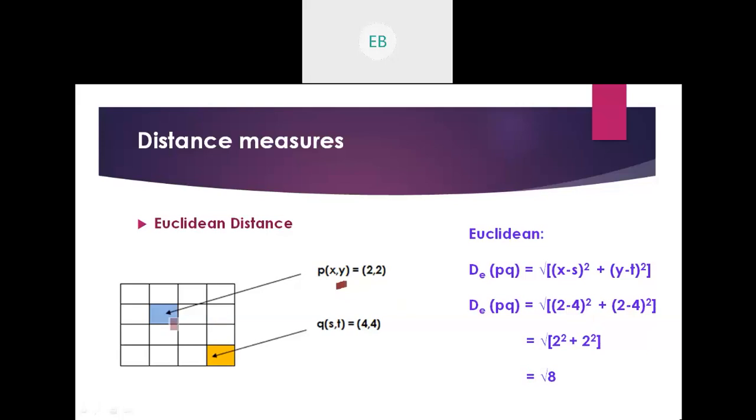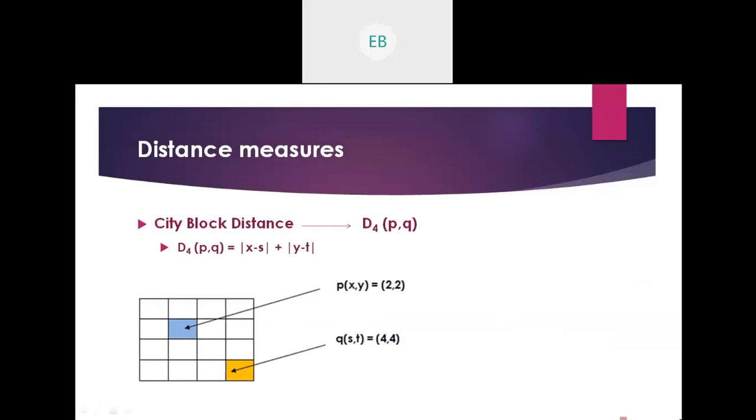Because we are only talking about the pixel positions, and therefore we will only use the modulus function. When we calculate the Euclidean distance between the points P and Q by using the Pythagoras theorem, the answer we get is root over 8. So this is how you can calculate the Euclidean distance by using the Pythagoras theorem formula.